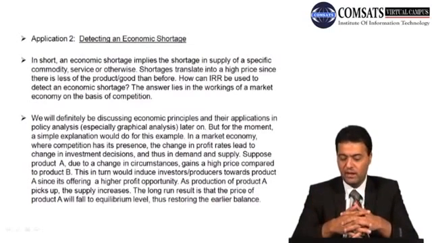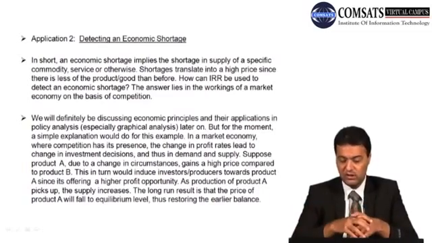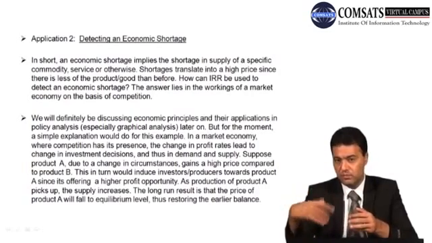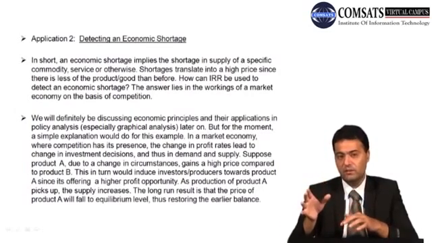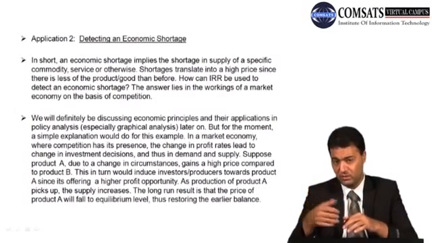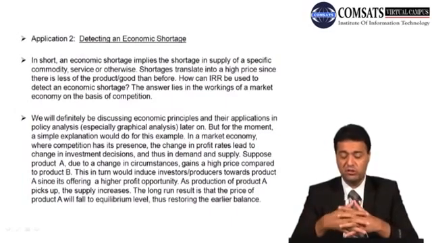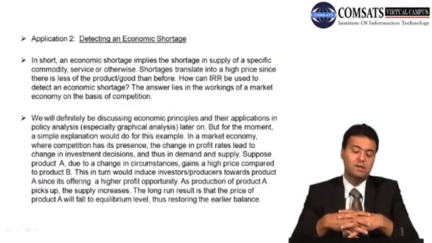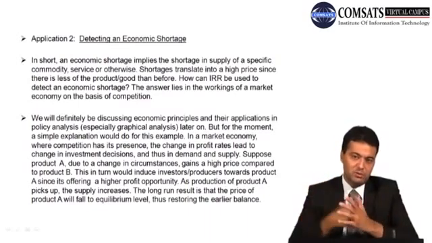So anyway, as production of product A picks up, the supply increases. That is the short run, and the medium run, not so long run. But in the long run, when there is a lot more investment in product A, a lot more producers come in and produce the same product, then its price will fall, because now there is a lot more of that product.